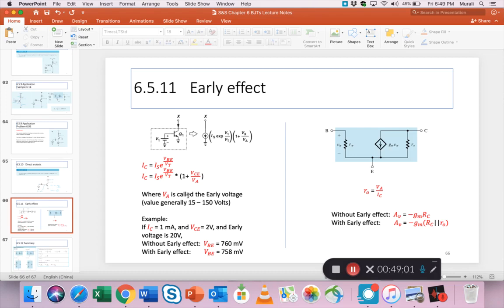Well, not constant, but it's generally given by the manufacturer to be in the range of 15 to 150 volts. So you have to bring in this factor to define the collector current. So instead of IC equals Is exponent this, it becomes IC equals Is exponent this multiplied by this factor. Generally this factor is extremely small, can be ignored, but sometimes you cannot ignore it.